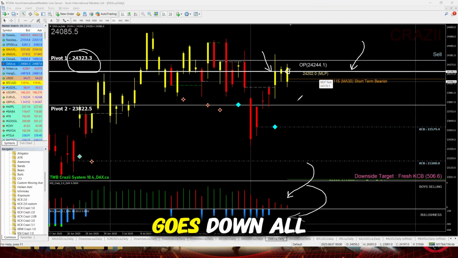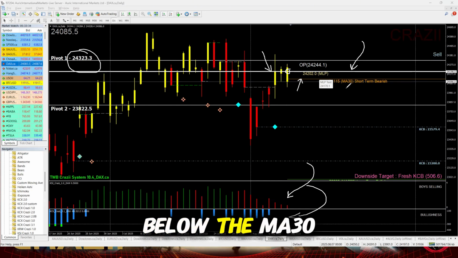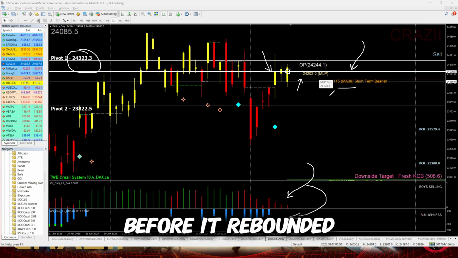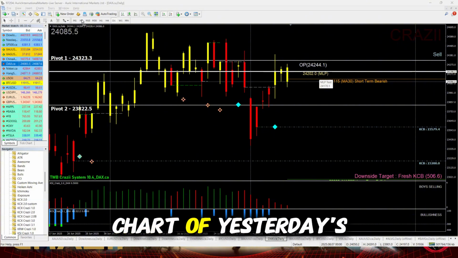And you can see the market goes down all the way and pierces down below the MA30 before it rebounded. So let's look at the 5-minute chart right now on how you trade yesterday. So let's go to the 5-minute chart of yesterday's chart.